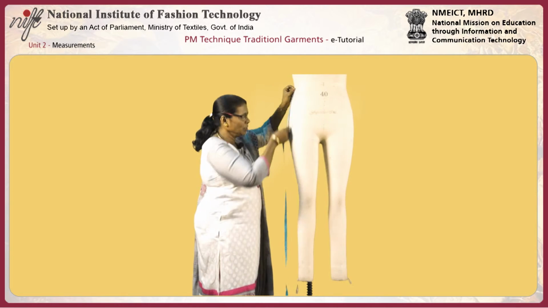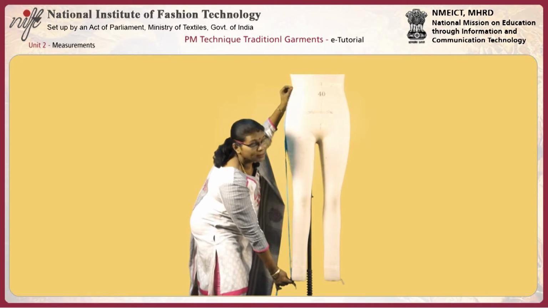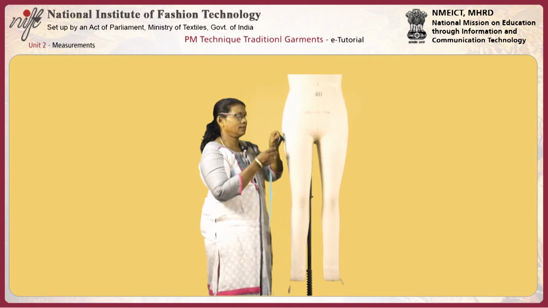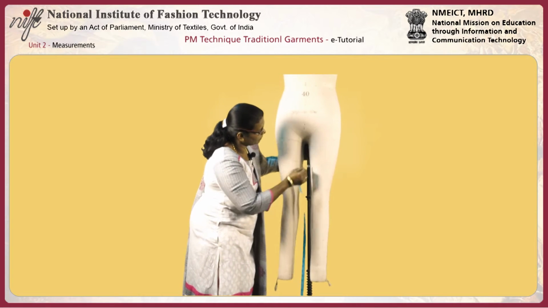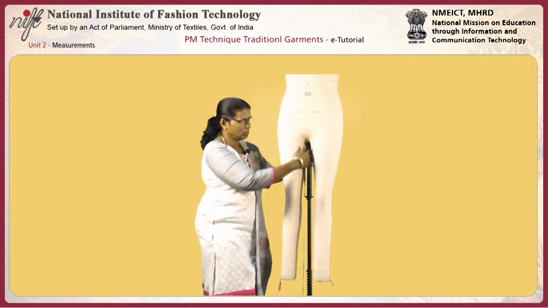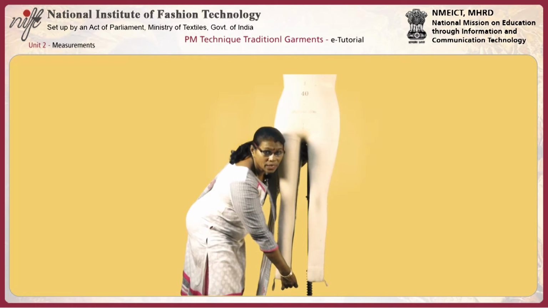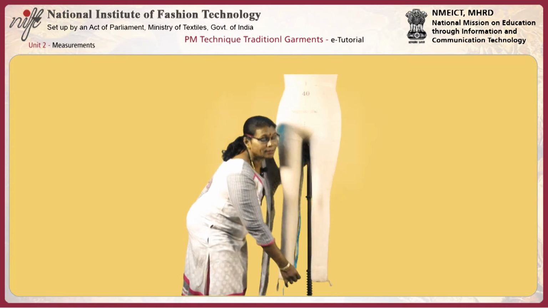From waistline to the ankle vertically down is out leg length. In leg length is 1/4 inch down from the crotch point to the ankle level at the inside of the leg.